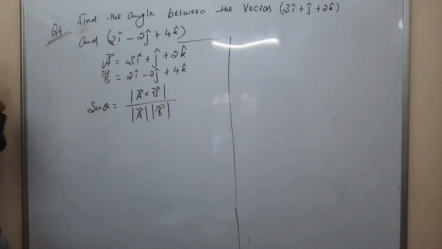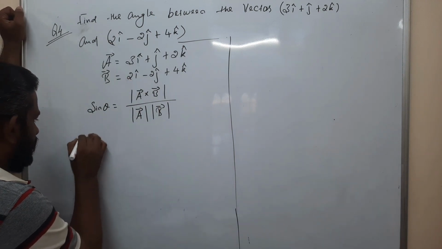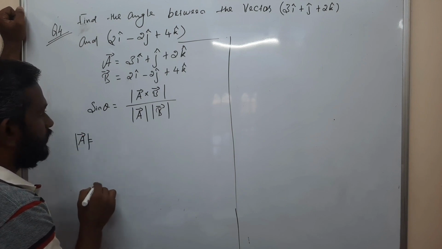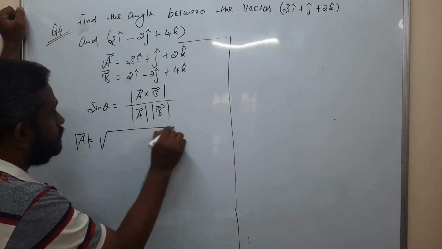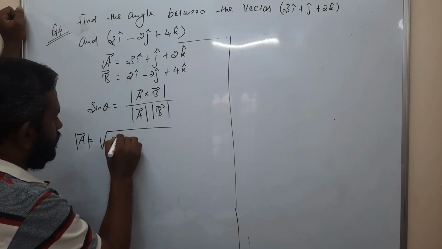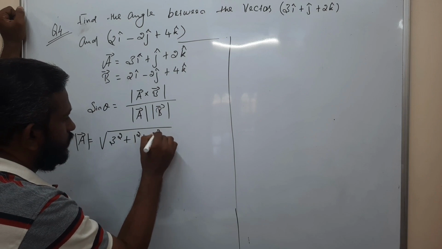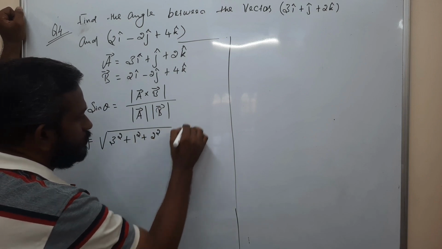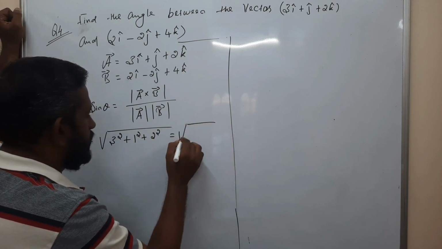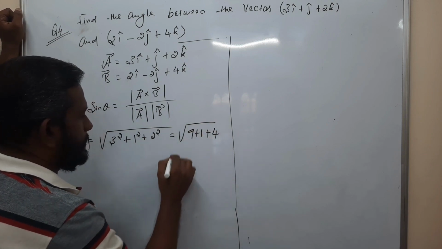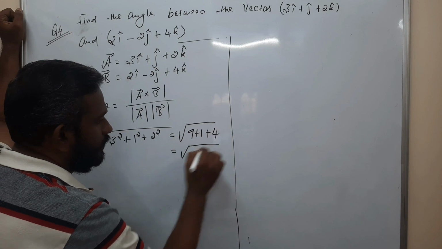Then we can find mod a vector. First we have to find mod a vector, which is equal to root of 3 square plus 1 square plus 2 square. So that's equal to square root of 9 plus 1 plus 4, which is root of 14.